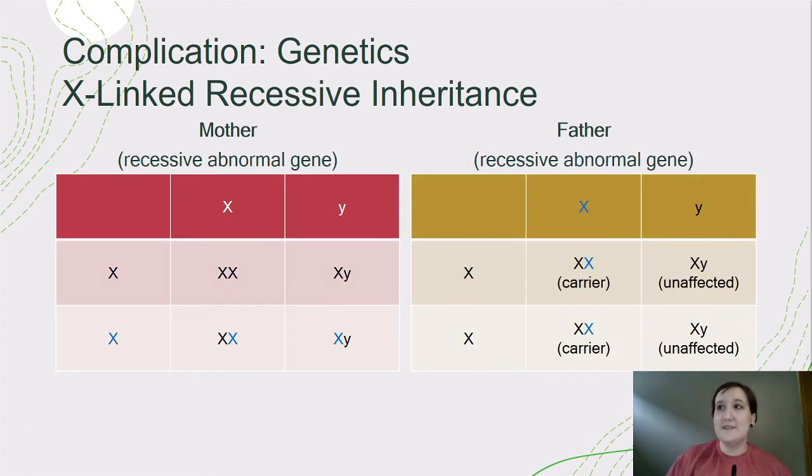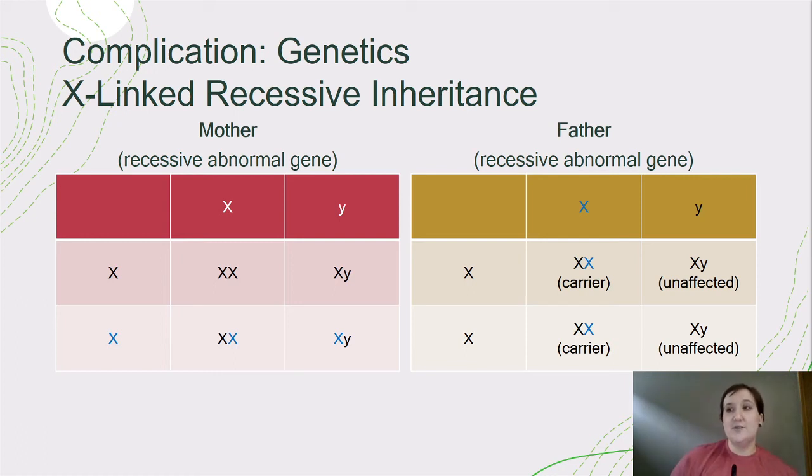X-linked recessive accounts for the majority of your X-linked disorders. Now, these ones are a little bit different for the mother or for the father. So if the mother, for example, is carrying the X-linked recessive abnormal gene, she didn't know that she had it, her normal X overshadows her recessive gene.